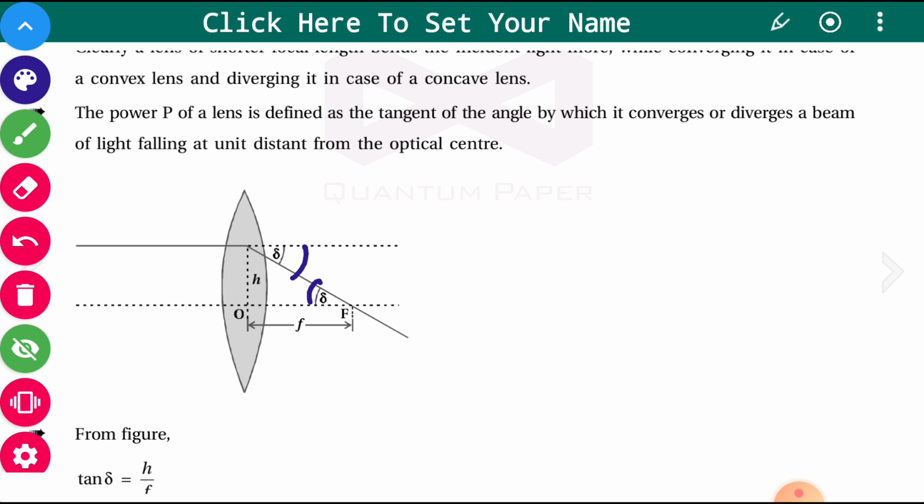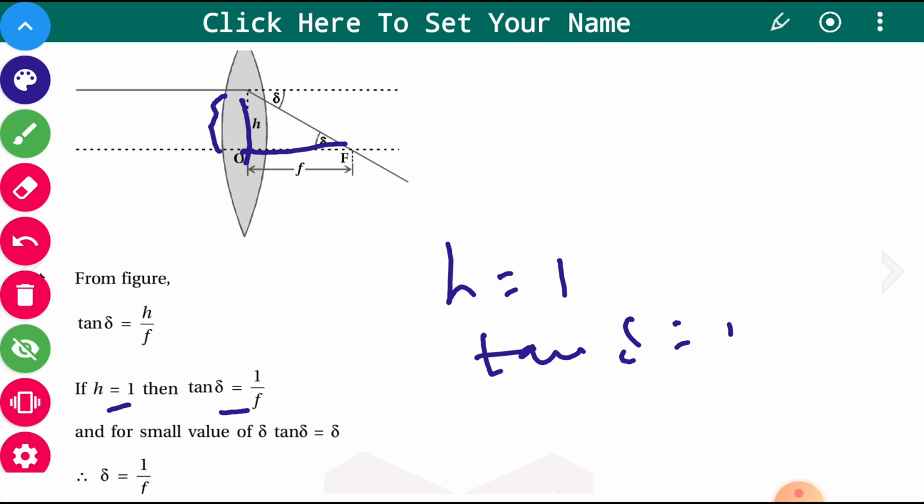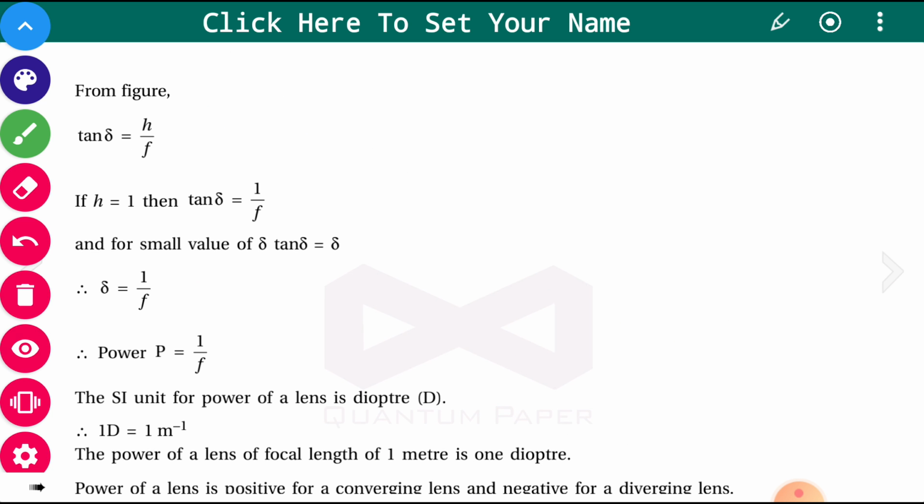Now take tan delta, it's very easy to understand. Tan delta is nothing but opposite upon adjacent, so H upon F. If H is equal to 1, then tan delta will be 1 upon F. Now if delta is very small, then tan delta is equivalent to delta, so delta is equal to 1 upon F, and this 1 upon F is known as the power of the lens.